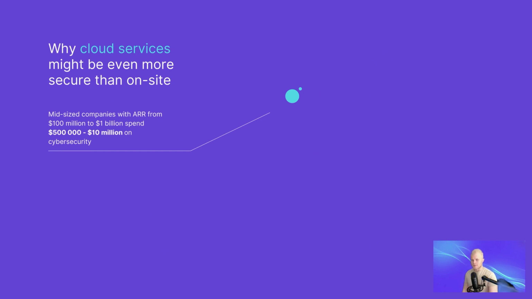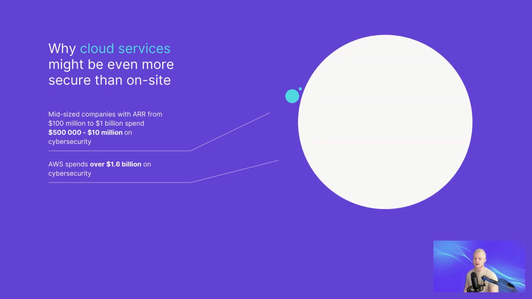Based on a study made by Deloitte, they found that mid-sized companies with ARR from 100 million to 1 billion typically spend 500,000 to 10 million a year on cybersecurity. Now, compare that to AWS, the cloud provider that we use: they spend a whopping 1.6 billion on cybersecurity per year.